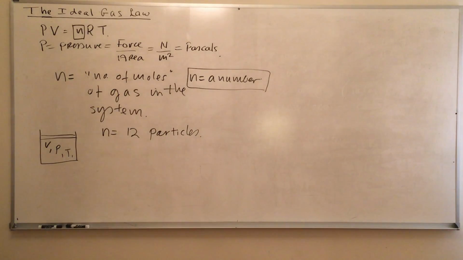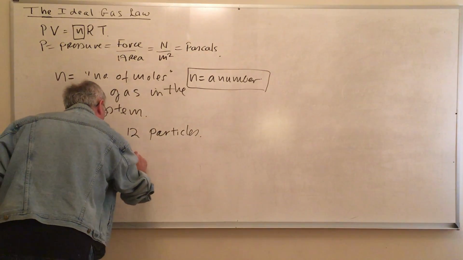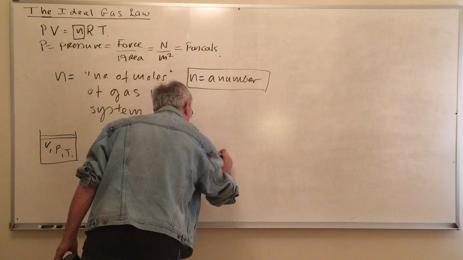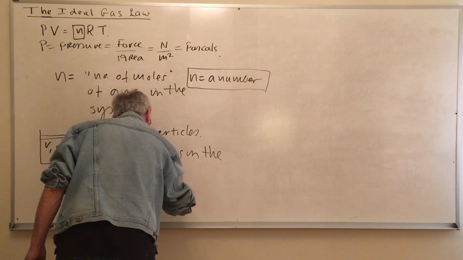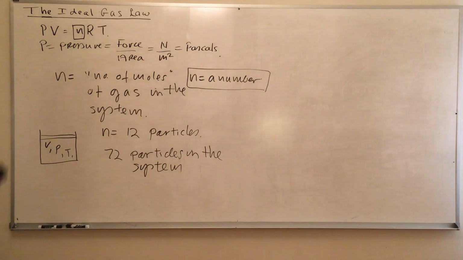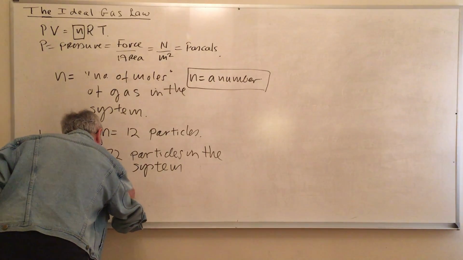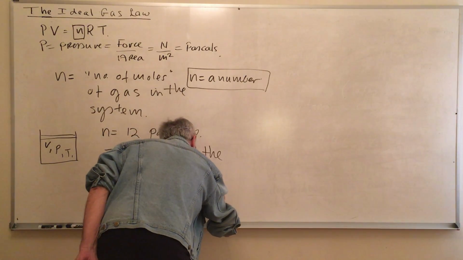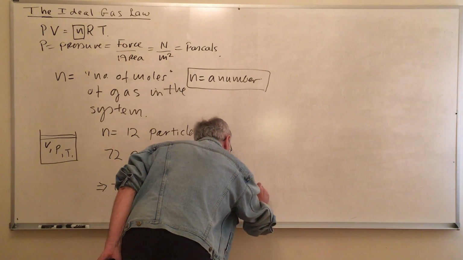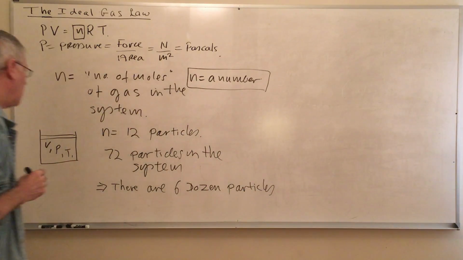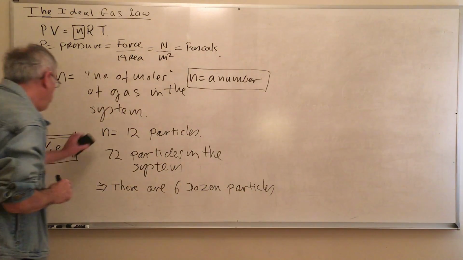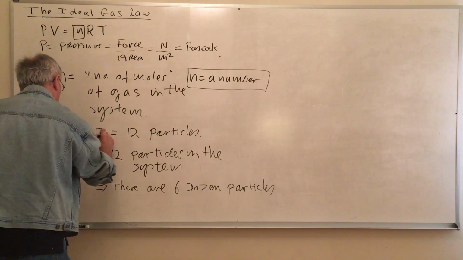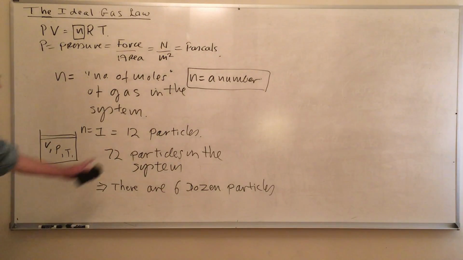If n was 12 particles and we had, let's say, 72 particles in the container, we could say the following. For n equals 1, we'll say 12 particles.